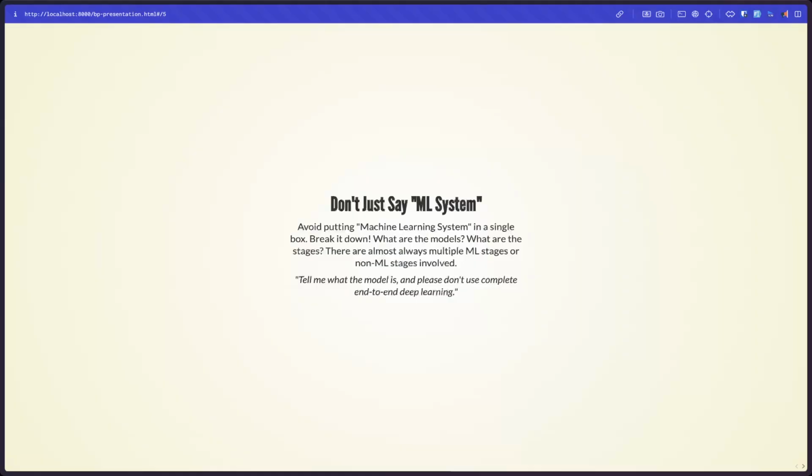What is the filtering stage, the ranking stage? Nine times out of ten, these systems are a mix of ML and non-ML components. Another thing: end-to-end deep learning is almost never the answer in these interviews. So you need to show all the pieces.